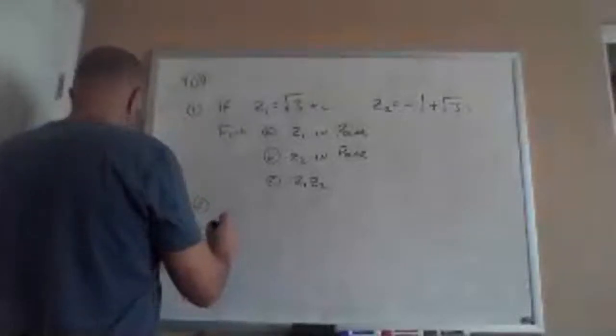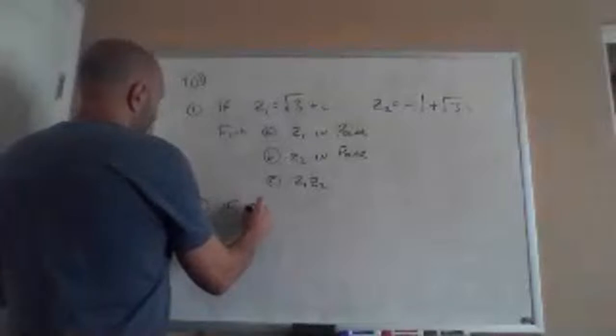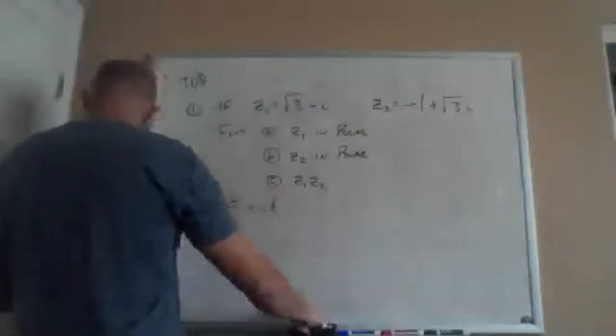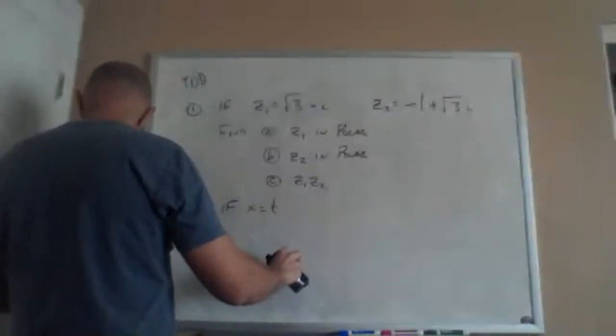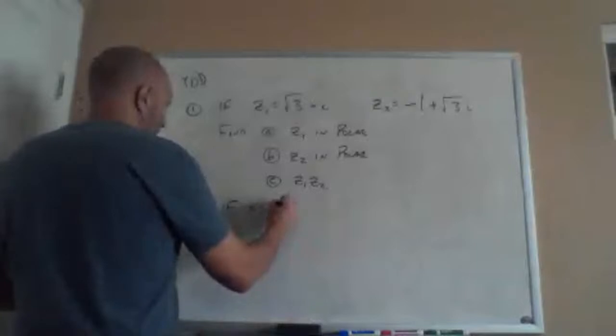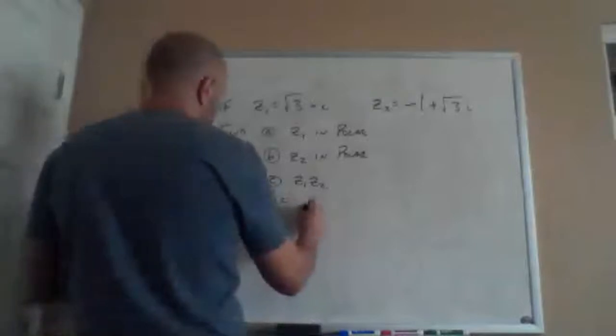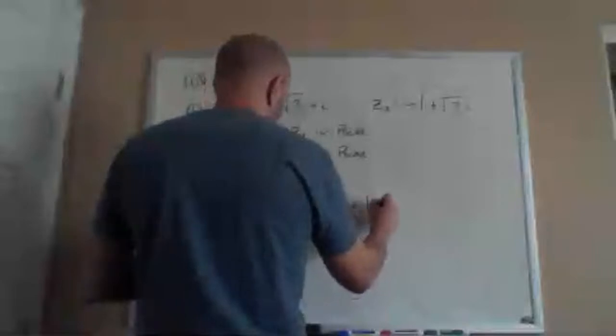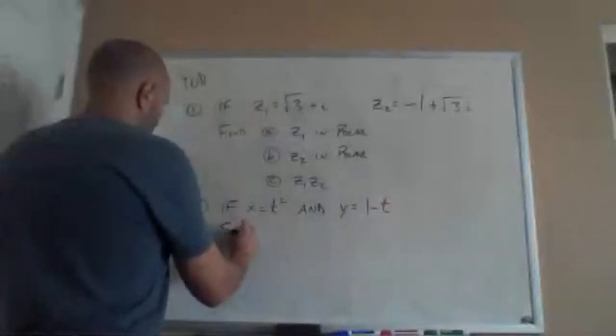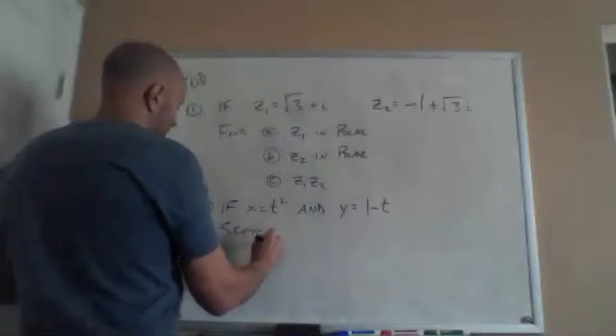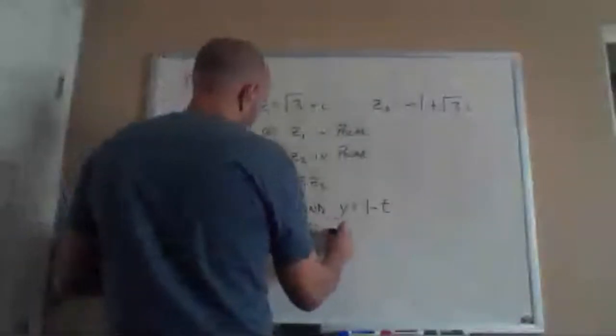And then 2, if x is equal to t squared and y is equal to 1 minus t, then sketch and convert to rectangular coordinates.